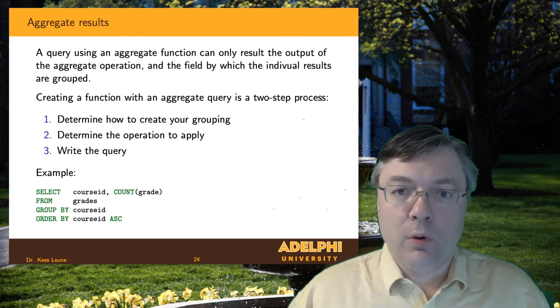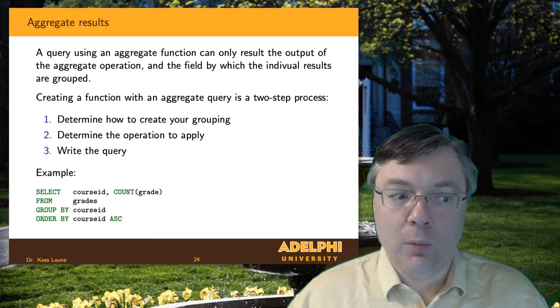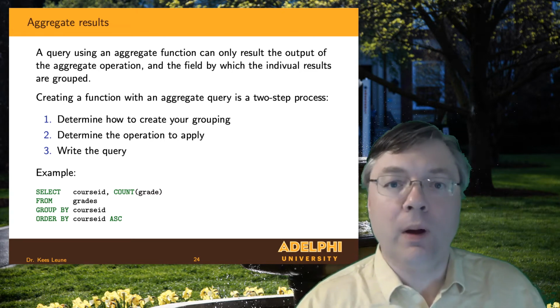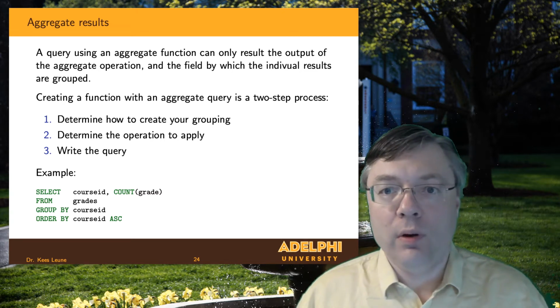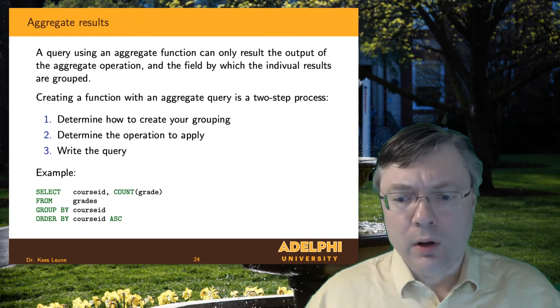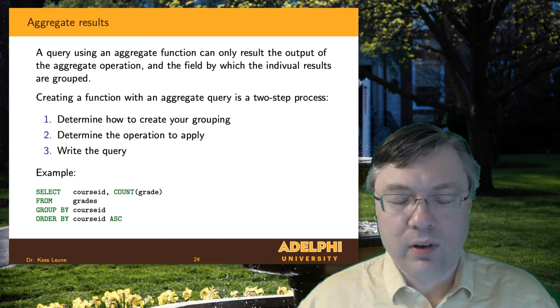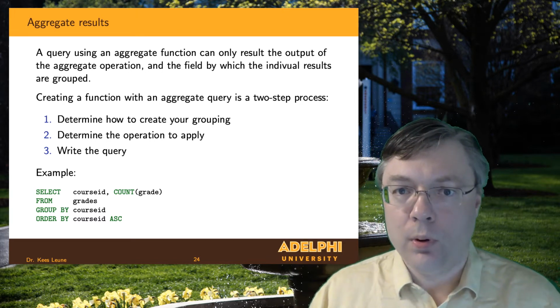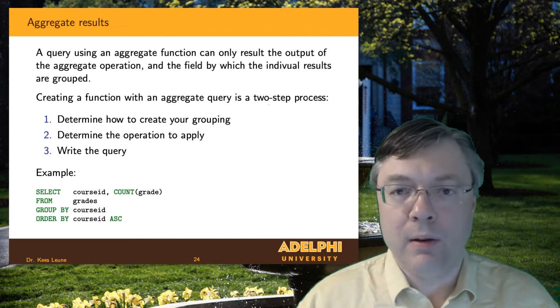Now, because we're only applying the operation on an aggregate, the aggregate, or the field by which we aggregate, is the only thing that we can return from a query like that. So let's take a look at our grades table again, where we had course ID, student ID, grade, term, and the date posted.